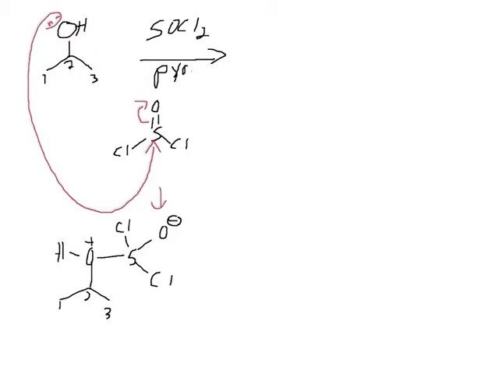There's a plus charge on the oxygen here. So we've learned about this in lab, actually, about something called the tetrahedral intermediate. This sulfur right here was sp2 hybridized, but now it's sp3, so now it's tetrahedral.